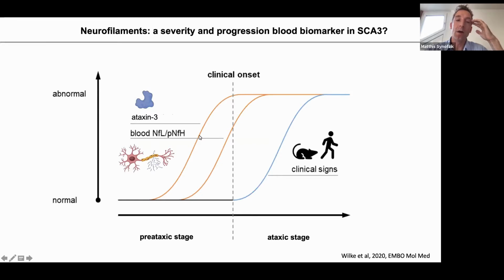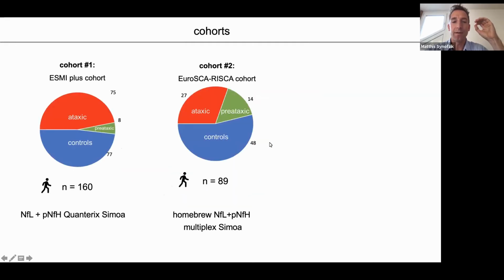And finally, what is the relation of blood NFL and pNfH to ATXN3 aggregation? Those are the questions we try to ask in humans and, if possible, in mice. And in this talk, given the time limits, I mainly focus on NFL. The work is published now. There you can also read more about pNfH, but I will mainly focus, due to reasons of time, on NFL.